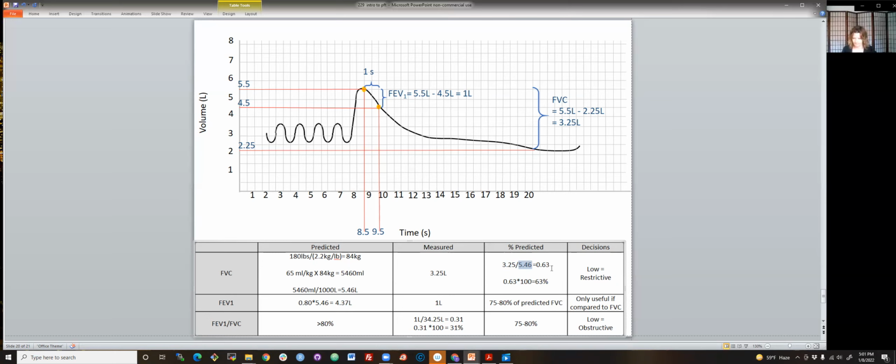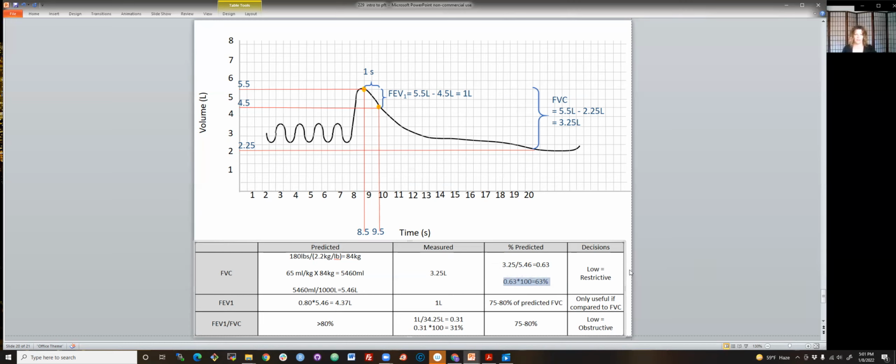I'm sorry about that. That should be 0.63. Times that by 100, that gives us 63%. I will fix these typos before I save this for you guys. So this person's FVC was only 63% of what we predicted it to be for normal. That means he has a restrictive disorder.